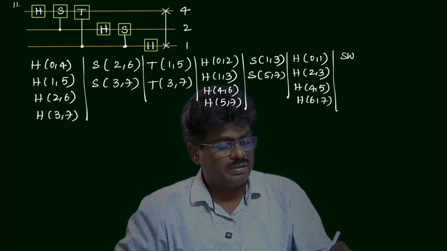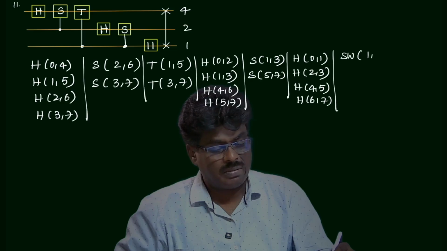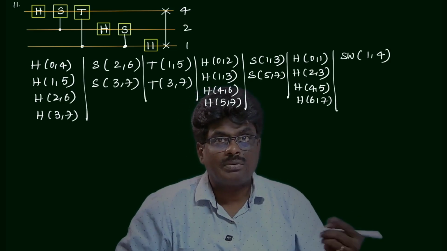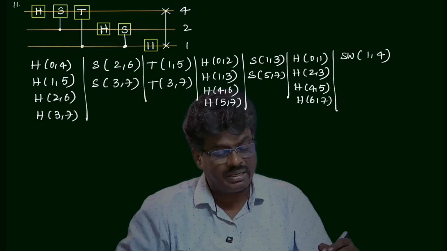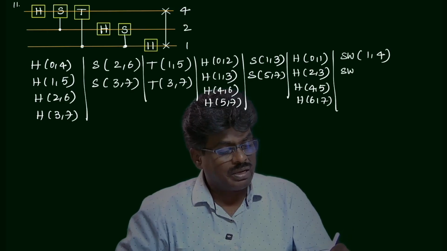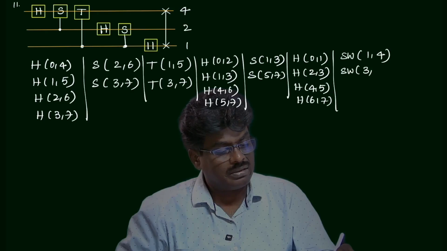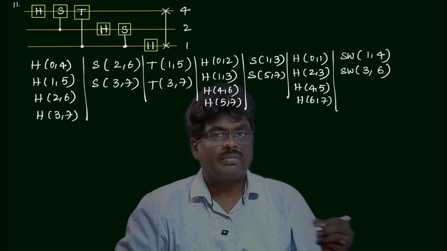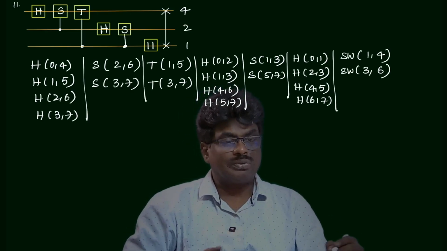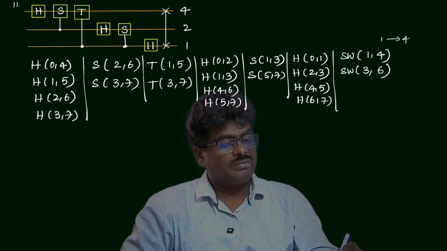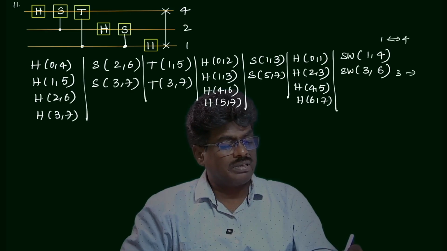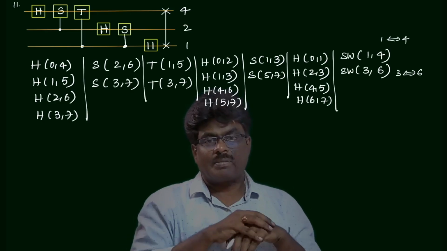Next swap, that is 1 comma 4, but remember you have to add the remaining qubit state, that is 2. So swap 3 comma, sorry, 3 comma 6. Finally 1 to 4 and 4 to 1, and 3 to 6, 6 to 3.